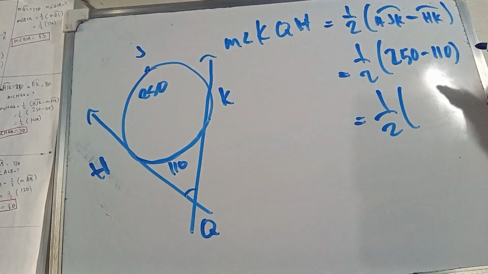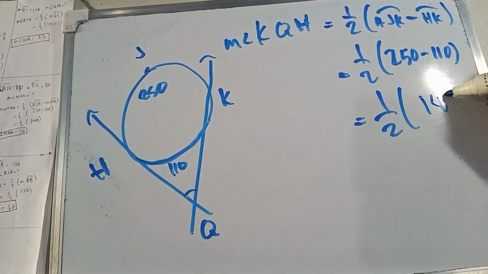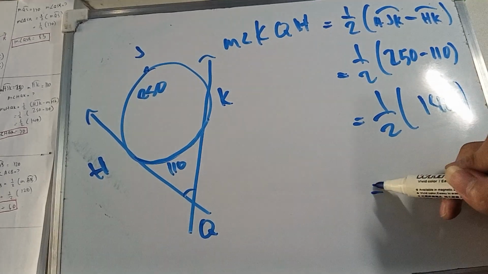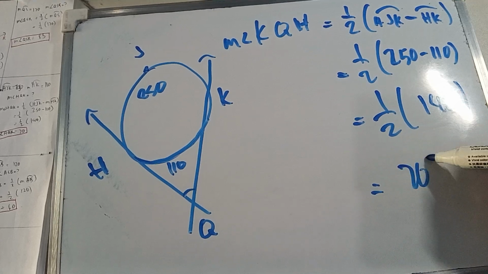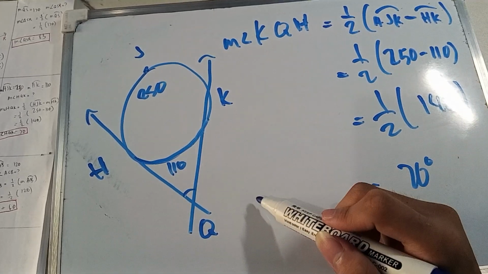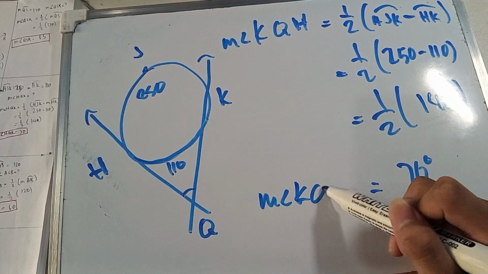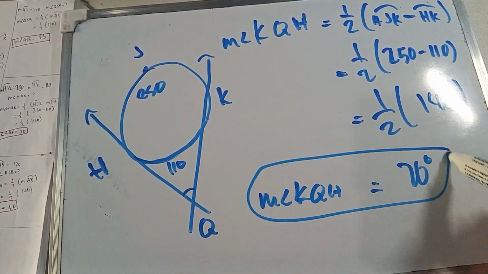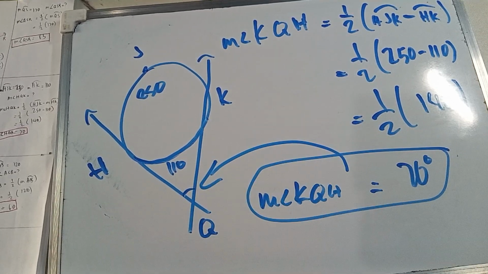Now, 250 minus 110 is 140 degrees, and half of 140 is 70 degrees. So the measure of angle KQH is 70 degrees, which is here.